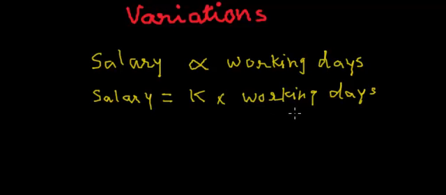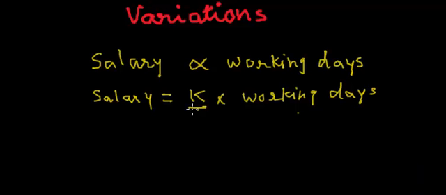So if your dad works for one day, he'll get the salary of one day. And if your dad works for 5 days, he'll get the salary of 5 days. That will be the salary of one day, that is the constant in this case, multiplied by 5, that is the number of working days. So here, as we can see, the salary and the working days vary directly.